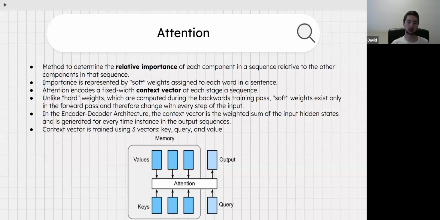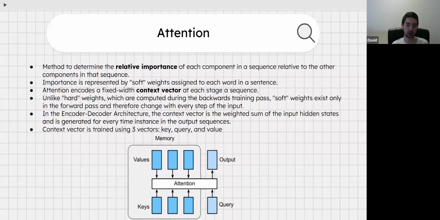In our LSTM, we can have a system that outputs a context vector for each word in the sentence. The embedding weights and the LSTM weights are learned using backpropagation. The soft weights are predicted in a more complex way, but they're only in the forward pass and change with every step of the LSTM.